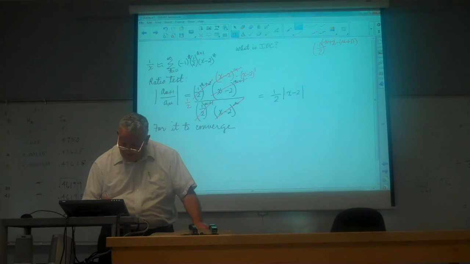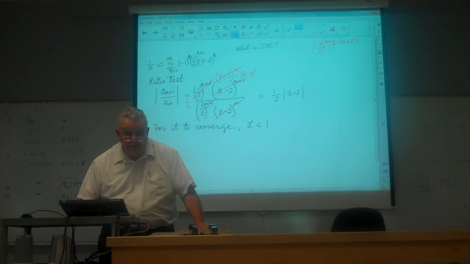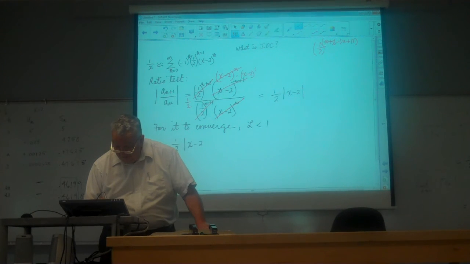But for it to converge, the limit has to be less than 1, right? Isn't that what the ratio test says? Agreed? So I want 1/2 times x minus 2 to be less than 1.